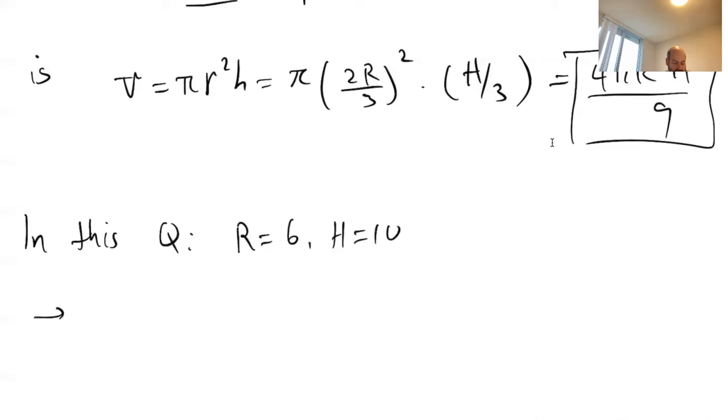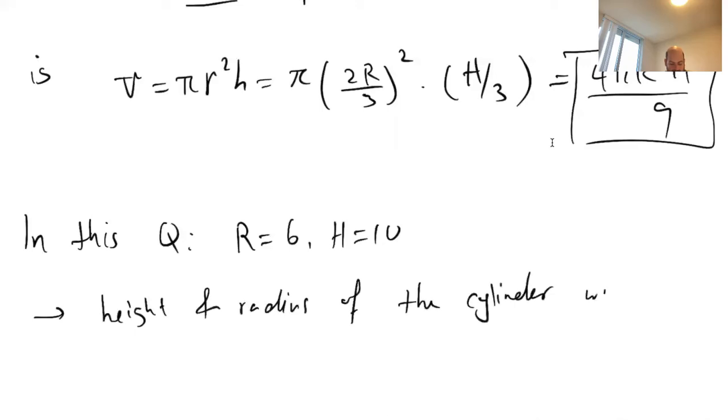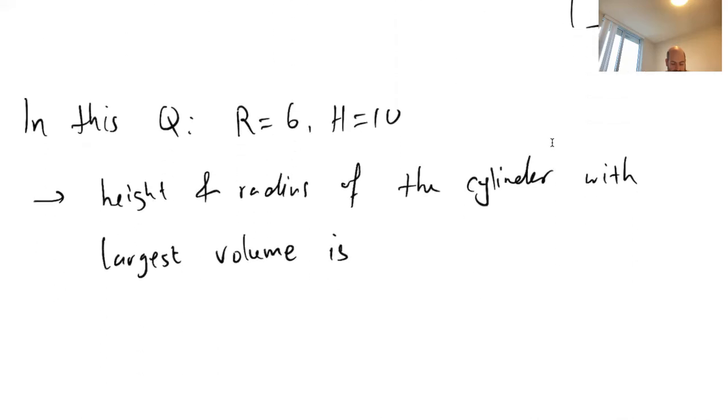So then the height and radius of the cylinder with the largest volume is small r and small h.